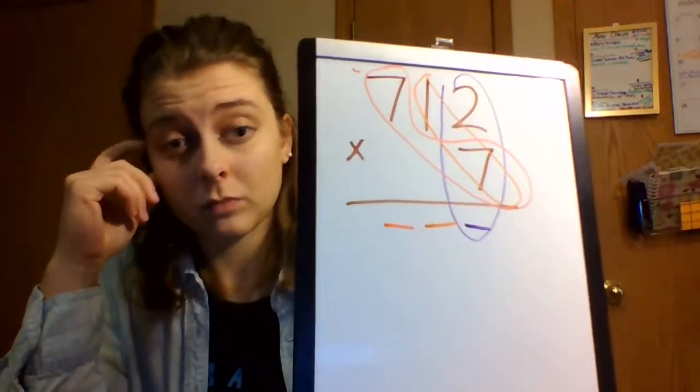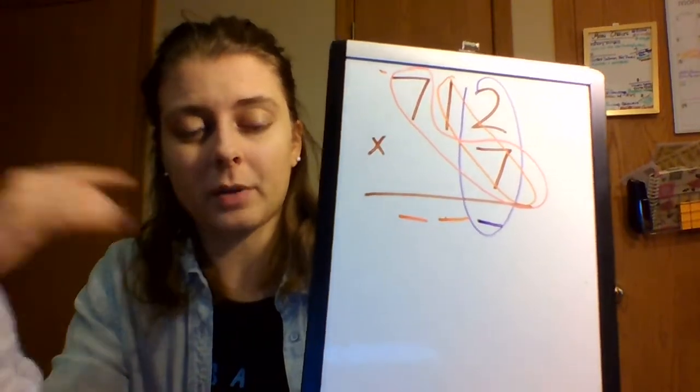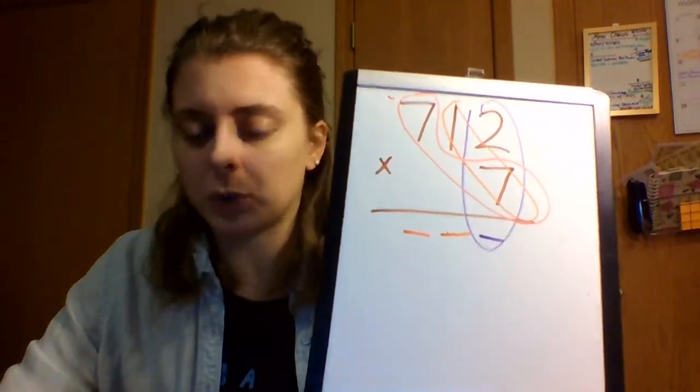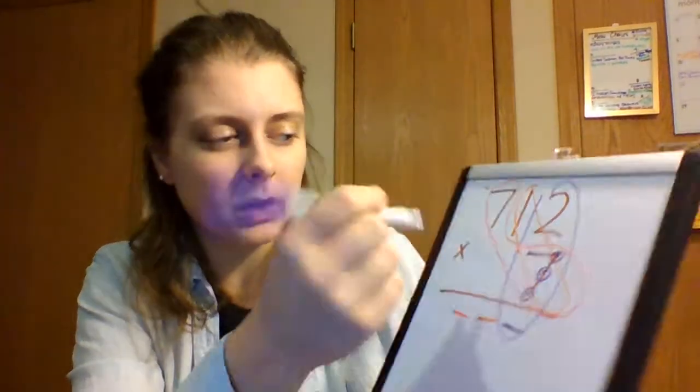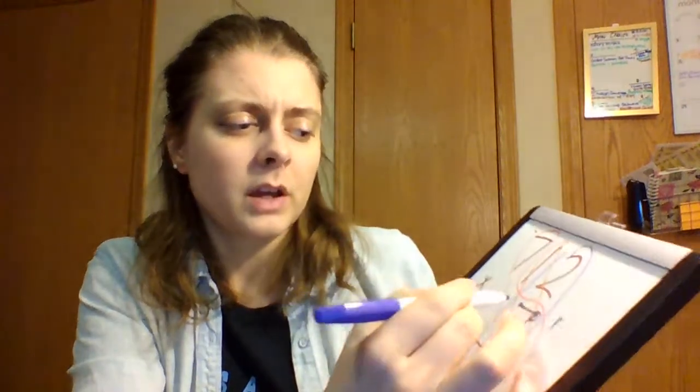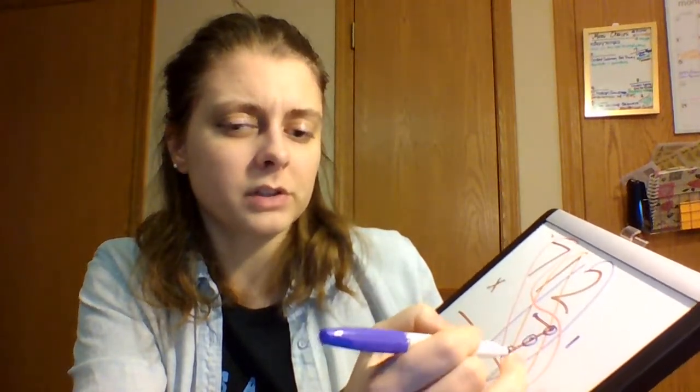Step 1, ones column, 2 times 7. You can count by 2s, you can count by 7s, you can use your touch points. I'm going to go ahead and use my touch points on this one. The 7 has 6 dots going down and then 1 at the end. So 7, 8, 9, 10, 11, 12, 13, 14.